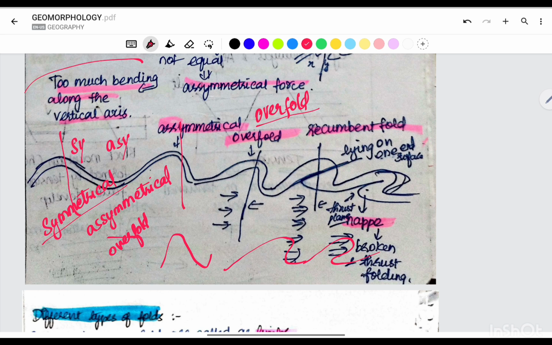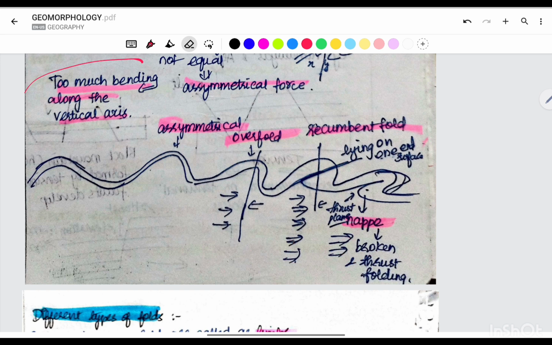So symmetrical, asymmetrical, overfold, recumbent and hap. This is overfold, right?